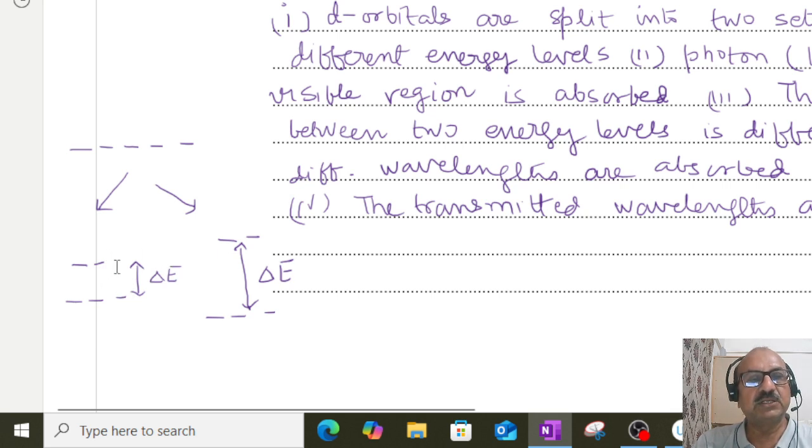This energy difference can vary, it can be less or more, depending upon the nature of the ligands and the nature of the metal ion or atom.